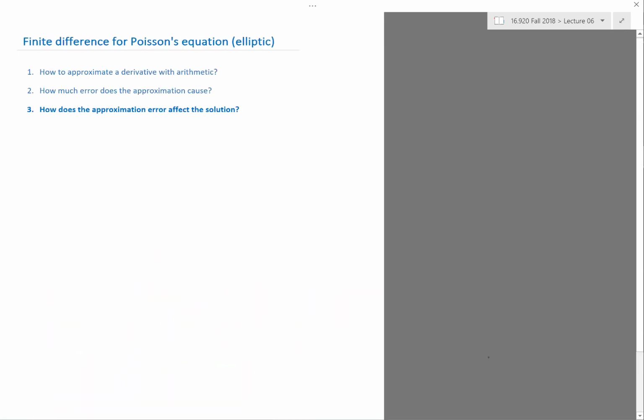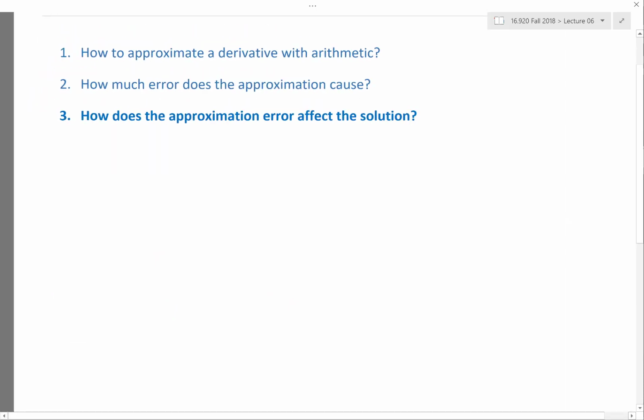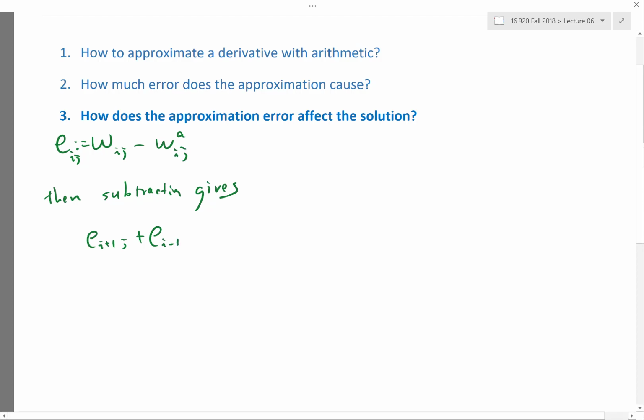right? So the result of the subtraction is, if I define E being the numerical solution minus the analytical solution, then the subtraction gives E i plus 1 j plus E i minus 1 j minus 2 E ij, divided by delta x squared.